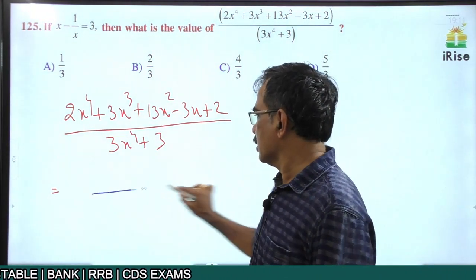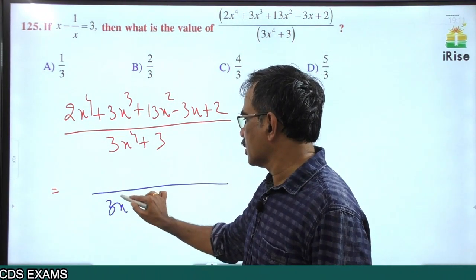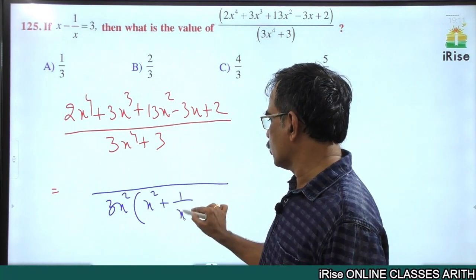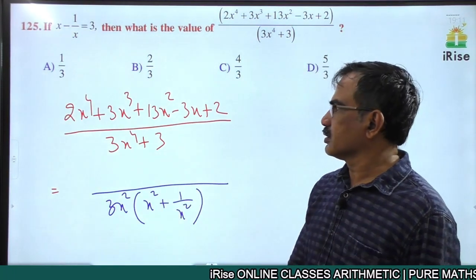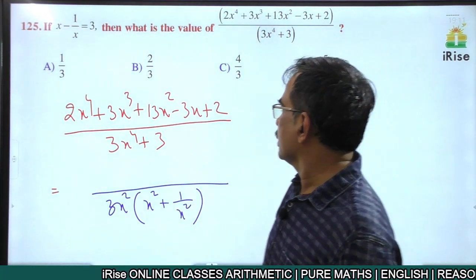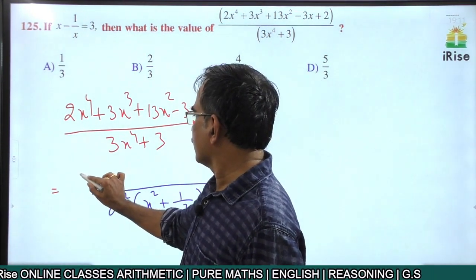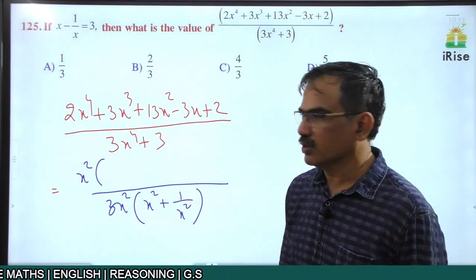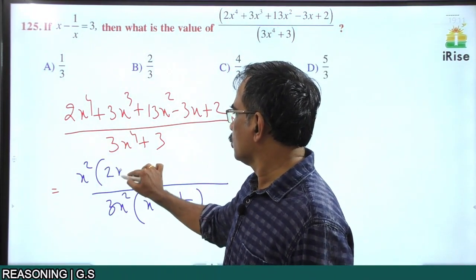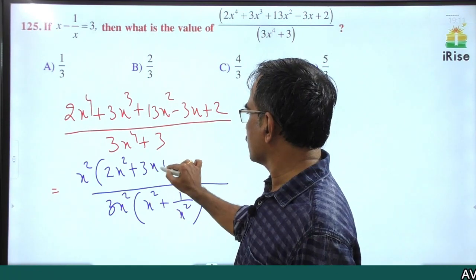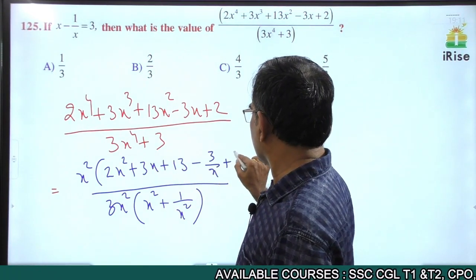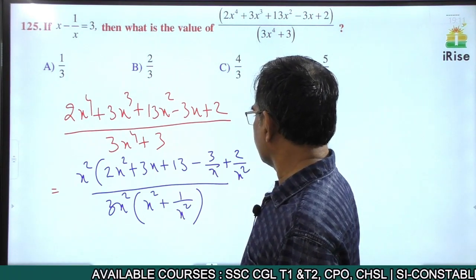In the denominator, I want to take 3x square common. We get x square plus 1 by x square. In the numerator, I want to take x square common. We get 2x square plus 3x plus 13 minus 3 by x plus 2 by x square.